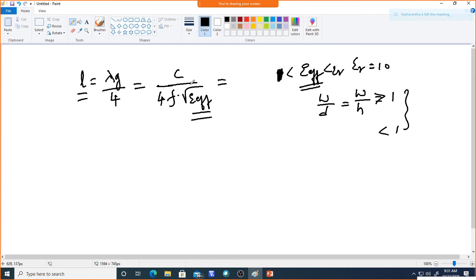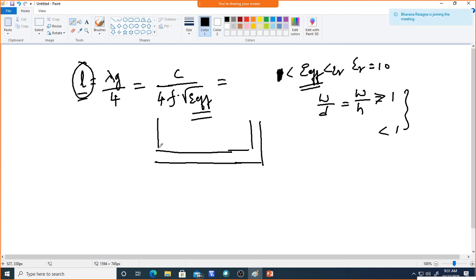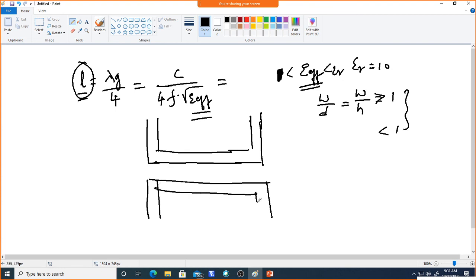Now you need to calculate the length and design the parallel line coupler like this. This is your port and this is the other line.